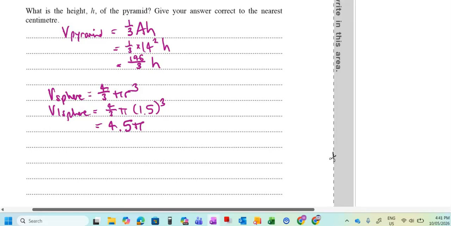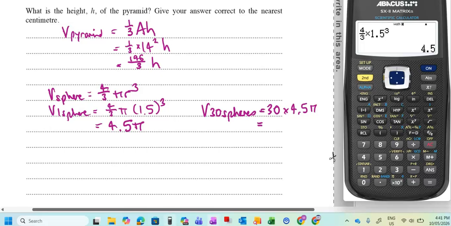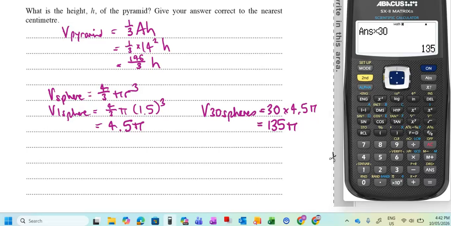But I do know that in fact there are 30 of them. So the volume of 30 spheres is 30 times 4.5 pi. So that number times 30 is 135. So the volume of 30 spheres is 135 pi, and the volume of my pyramid is 196 on 3h.